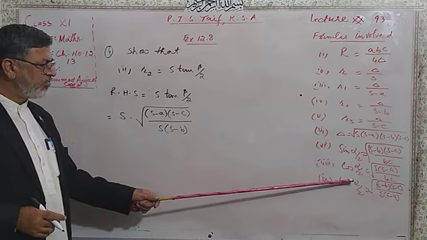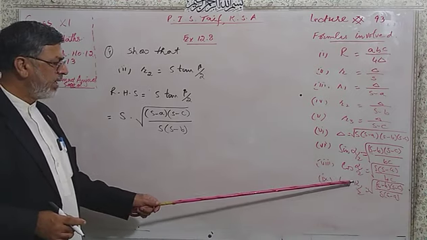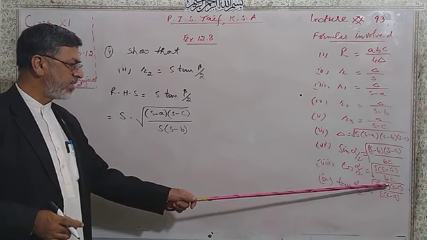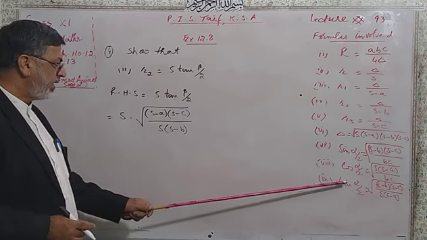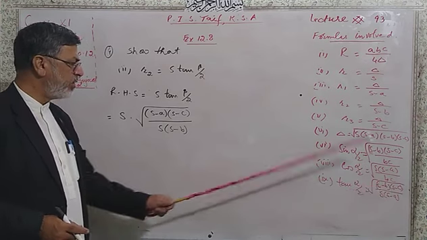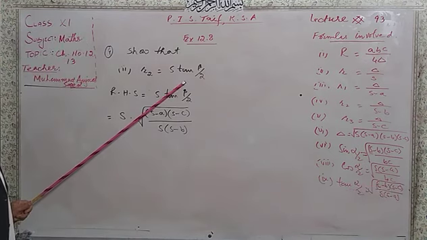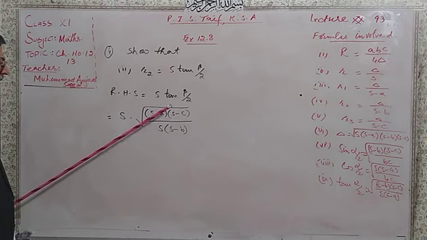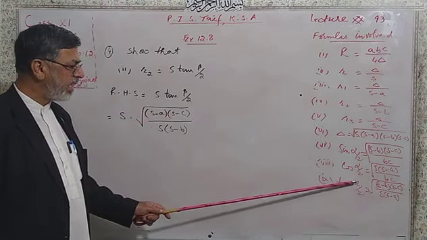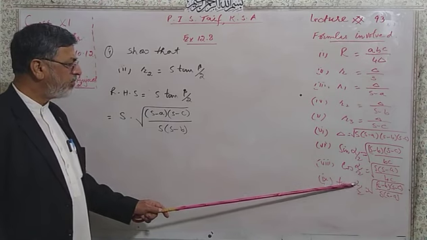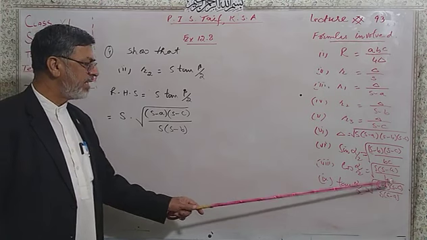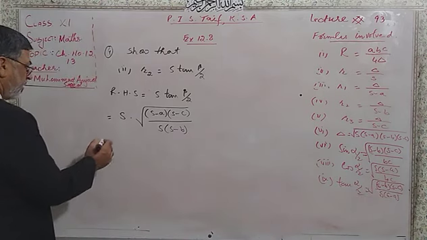According to this tangent formula, you can see here is alpha. Its side A is missing in the numerator. This is beta. Its side B is missing in the numerator. But in the denominator, that is S into S minus A for alpha, and for beta S into S minus B, and for gamma S into S minus C, like that.